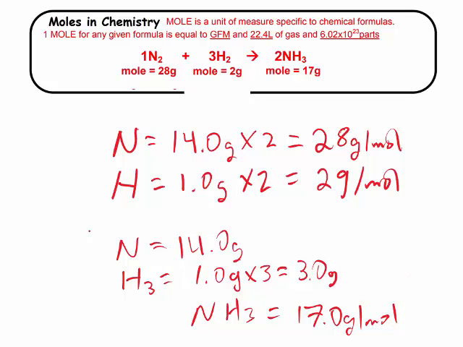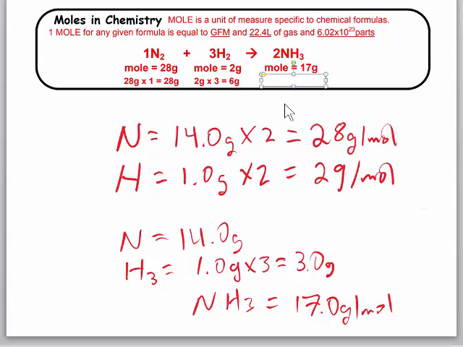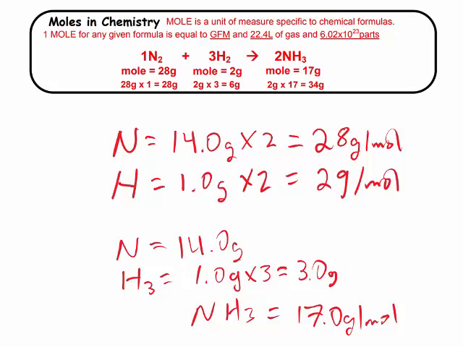And we saw in class that the mole is used to identify quantities. If I look at this, I can see that this one is telling me that I have 1 mole of nitrogen in the equation. So that means the GFM of 28 is the total mass of nitrogen.